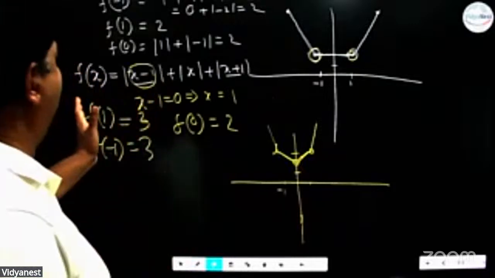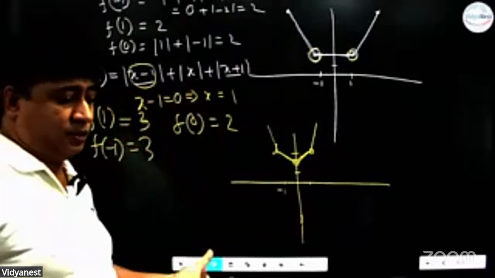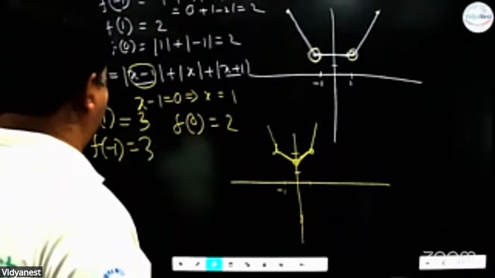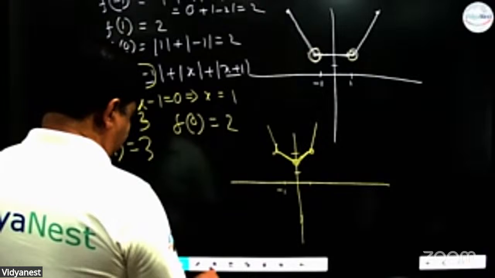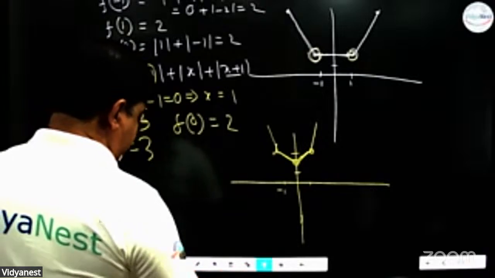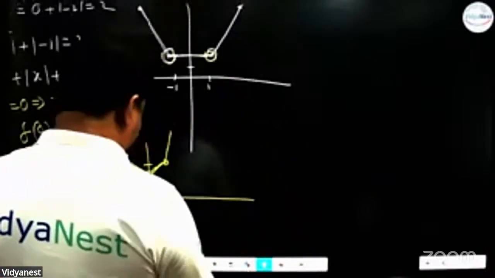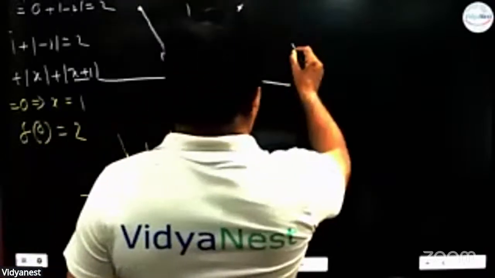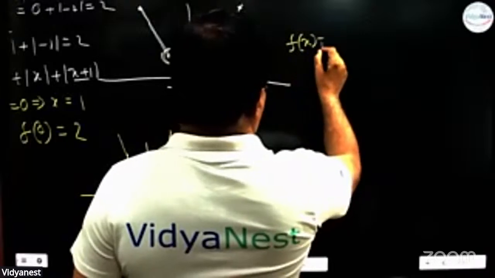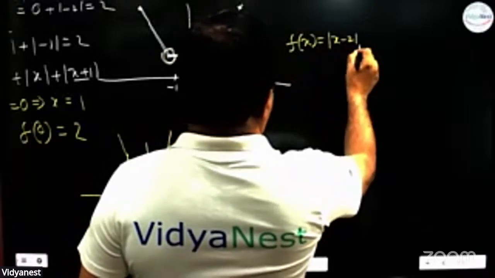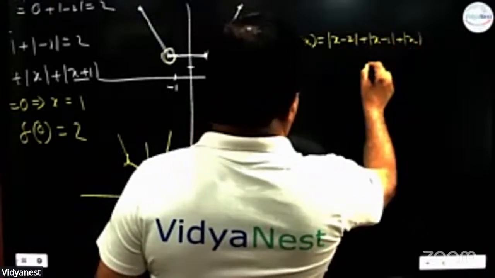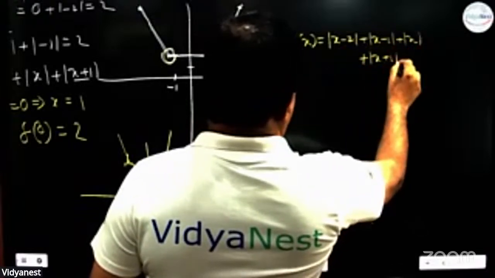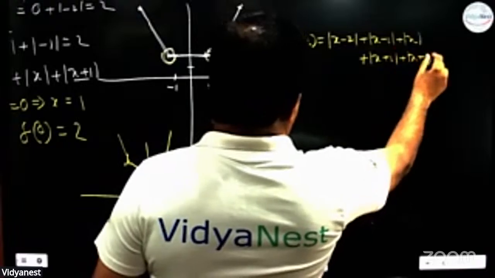So if you get a more complex figure, then also you can draw it in a similar manner. You observe, suppose you have got f(x) is equal to mod x minus 2, mod x minus 1, mod x plus 1, mod x plus 2.